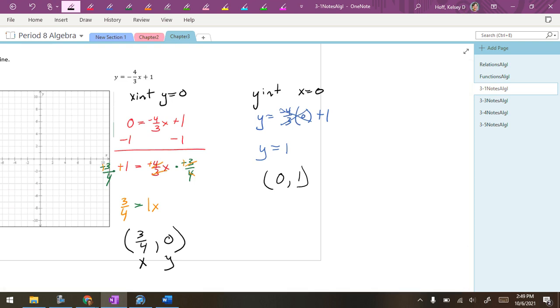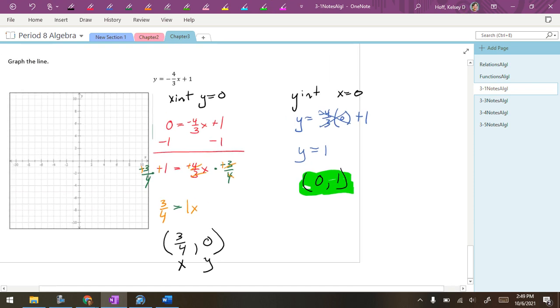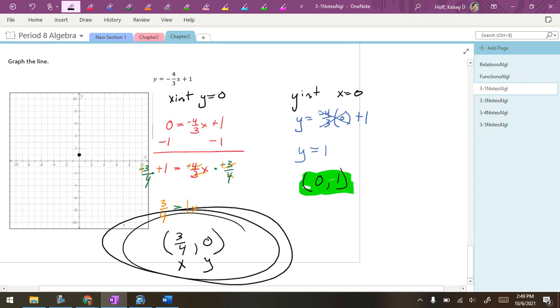This one is easy to graph. You just plot the point, right? 0, 1 would be like right here. On Alex, over in your tools, there's a button that looks like this. When you click on it, it pops up and says, where do you want the point to be placed?